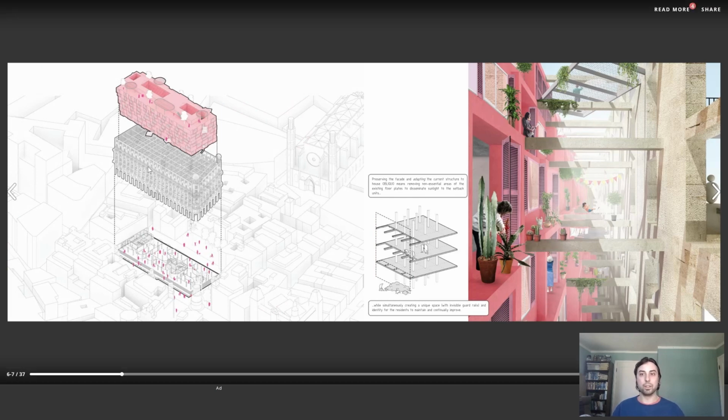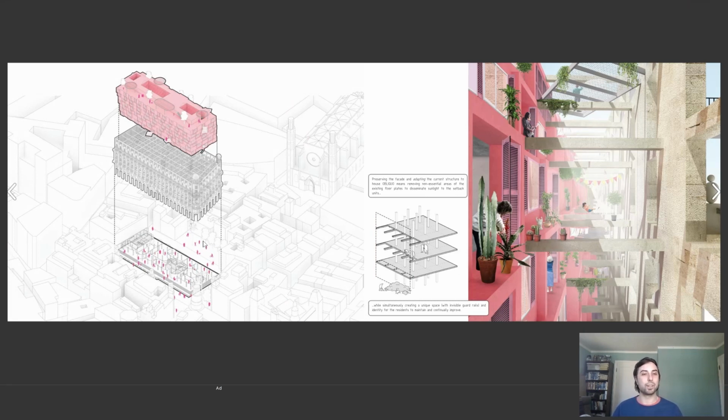On the left, you can see we had a really nice isometric. I really like this project. It's playful, colorful, and exemplifies what I like to do as an architect. Although if you look at my more recent stuff, it's a little less playful, a little less colorful, which is a bit unfortunate.